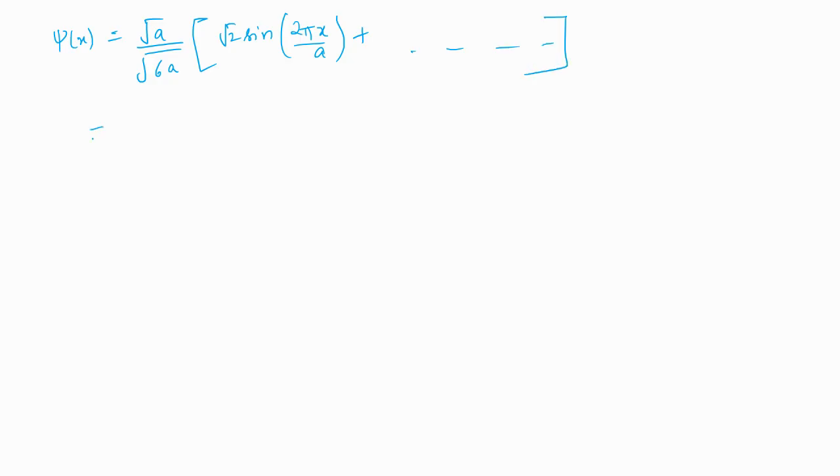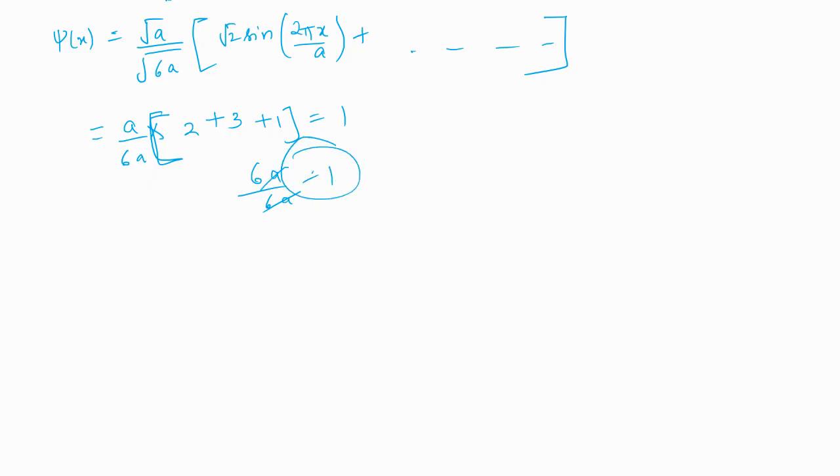Phi is equals to root a upon root 6a, root 2 sine 2 pi x by a plus something something. Now 6a by 6a will be the same; inside you have 2 plus 3 plus 1, and 6a by 6a is equals to 1.